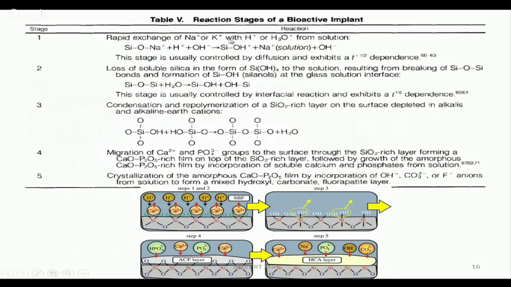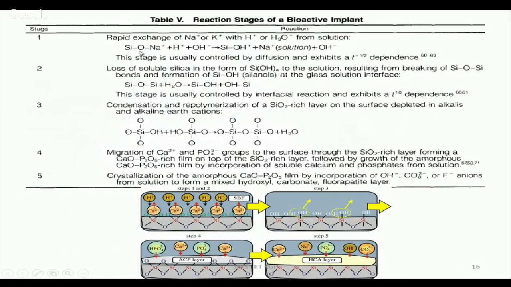So there is formation of SiOH bonds, and also some Si-O-Si bonds break down into SiOH. Okay, this happens in the second step. I mean, these are sequential events.